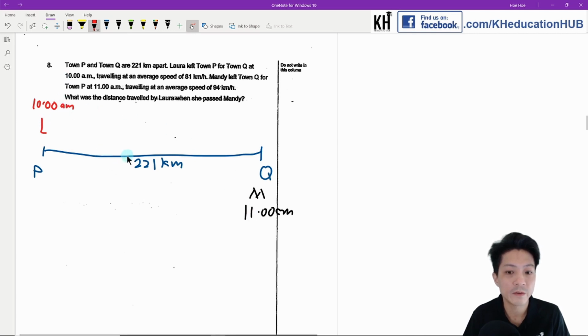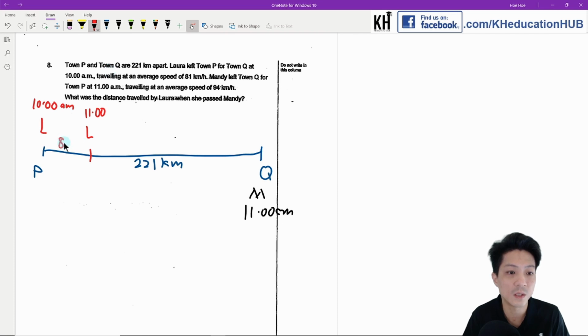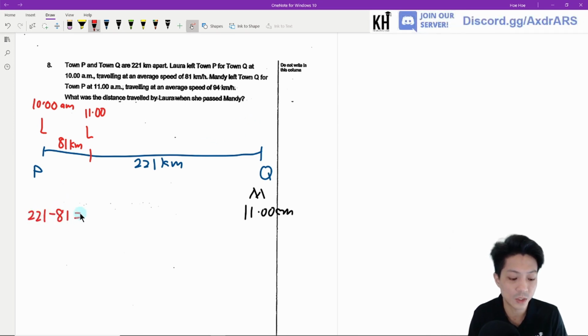At 11 a.m., Laura would have traveled to here. The distance over here is 1 hour, which means it is 81 km. The distance between them will be 221 minus 81, which is equal to 140 km.